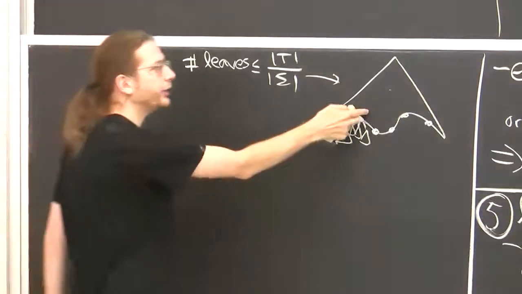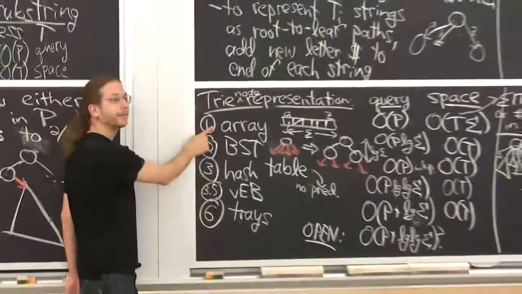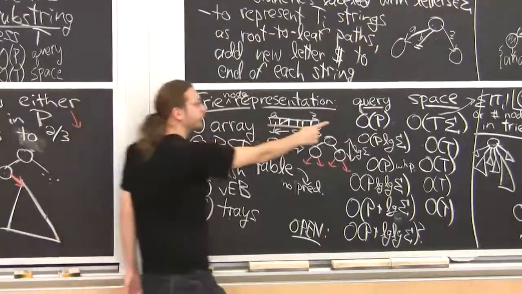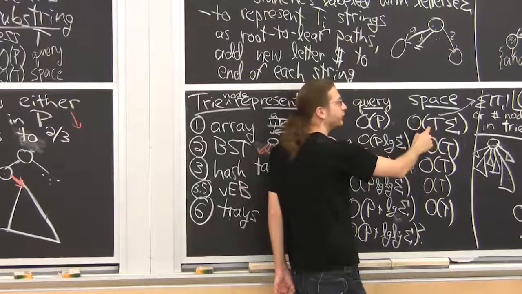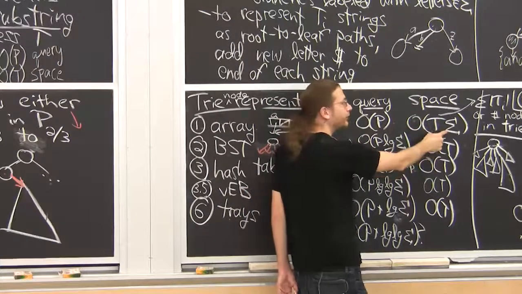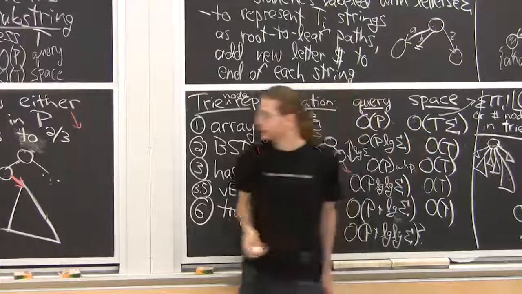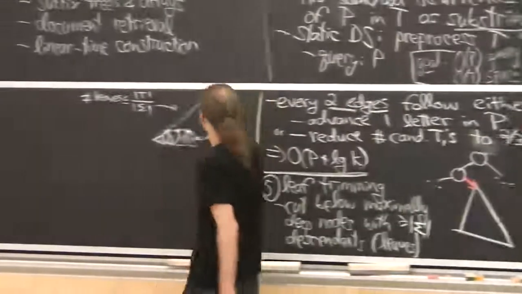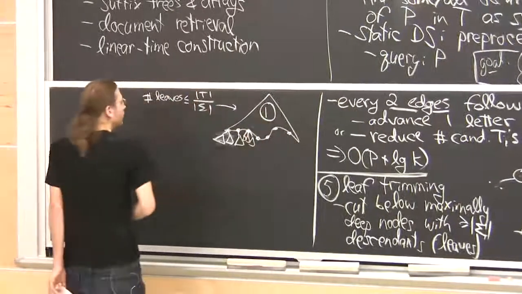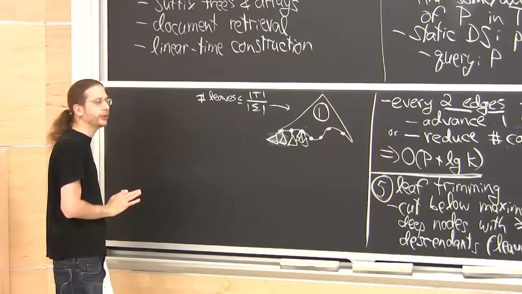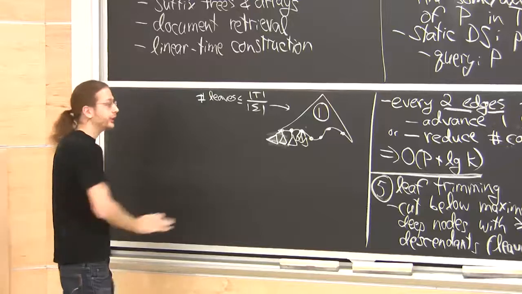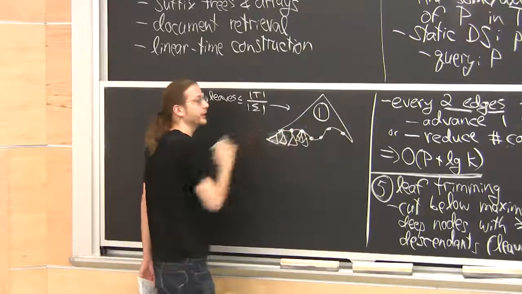That's good because it says we can use method 1, the simple array method, which is fast but spacious. But if our new size of the trie gets divided by a sigma factor, then this turns out to be linear. So up here we use method 1. Now, got to be a little careful because we can't use method 1 on all the nodes. We can definitely use it on the leaves because there aren't too many leaves.